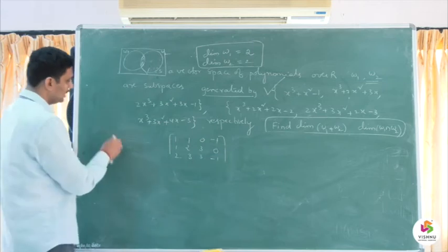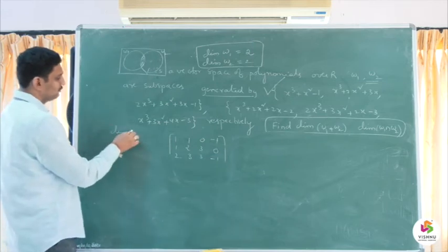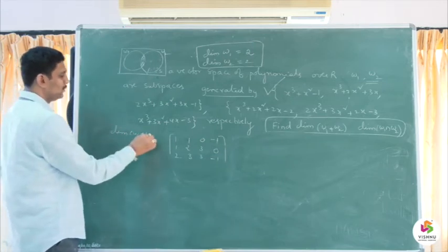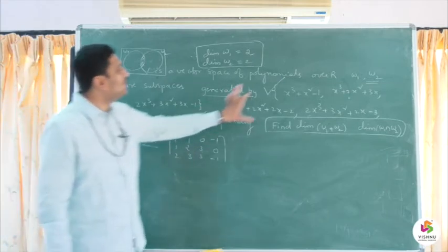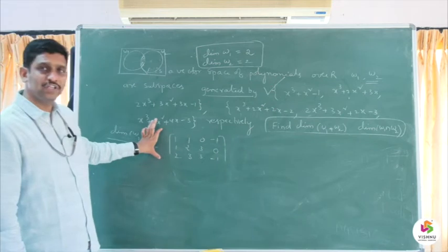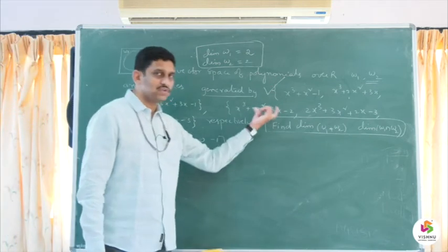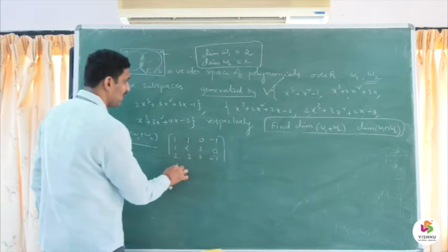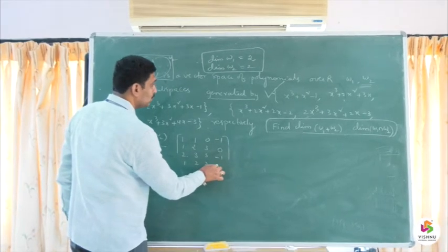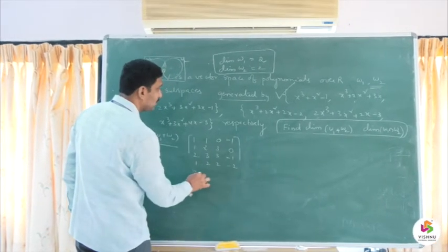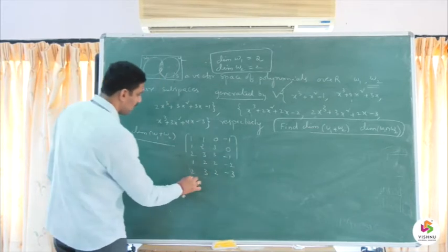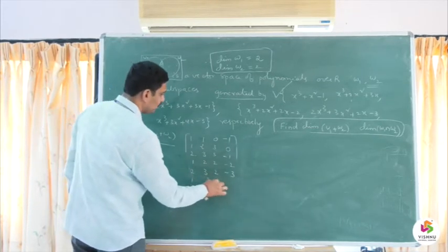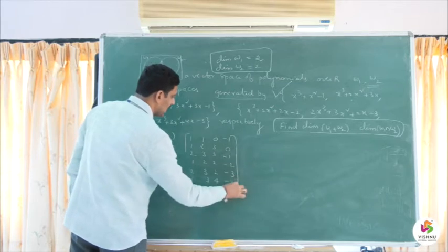So what am I doing? I am calculating the dimension of W1 plus W2. For this, I have written all the values of W1 here without any change. Now I am taking the values of W2 here. So this is 1, 2, 2, minus 2. Here you have 2, 3, 2, minus 3, and here you have 1, 3, 4, minus 3. Now you can observe the difference.